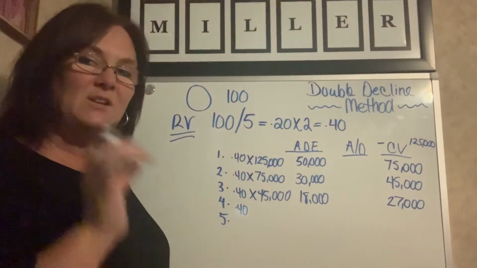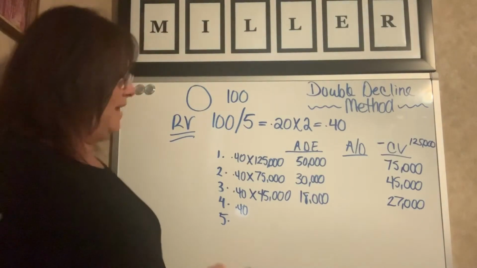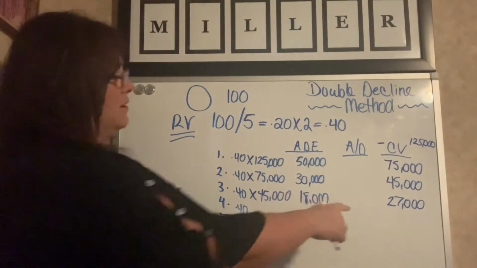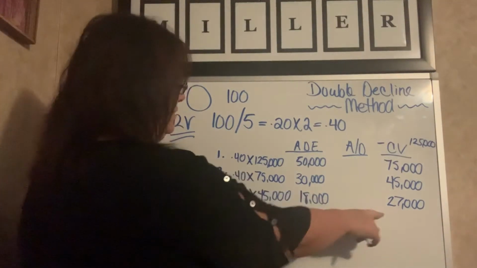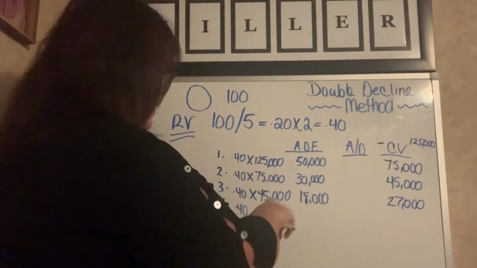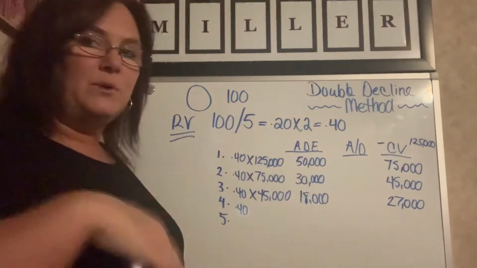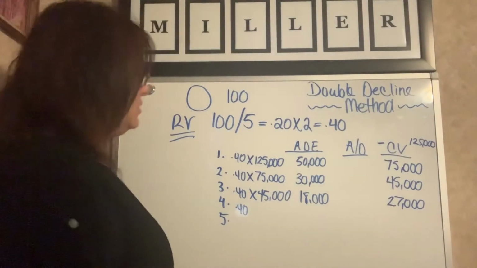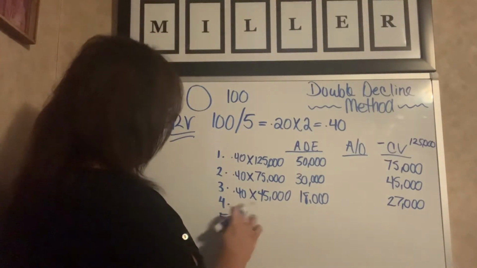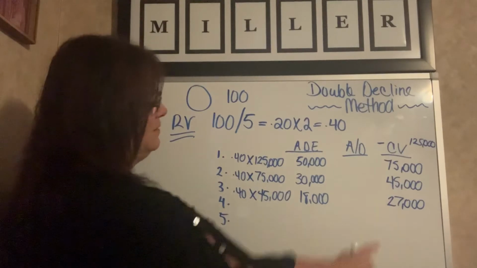We cannot go lower than your residual value. Here, we know we can only go down to 10,000. If we multiply this by 0.40, we would depreciate past that. So what we have to do here is get rid of this 0.40 and just do a subtraction.